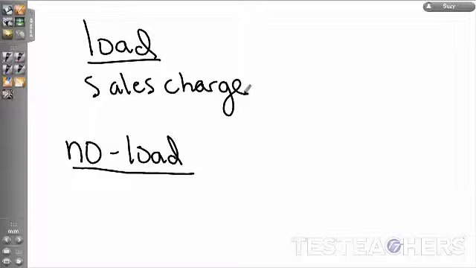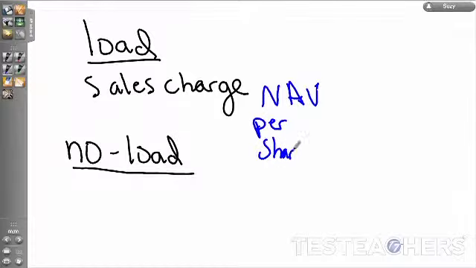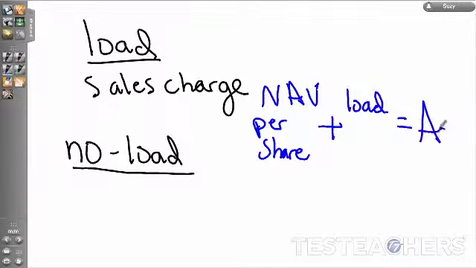How does the underwriter make money? So the underwriter got the shares at NAV, they tack on a sales charge, and they sell their shares at what is called the ask price. So when we have a load fund, NAV per share plus the load equals the ask.